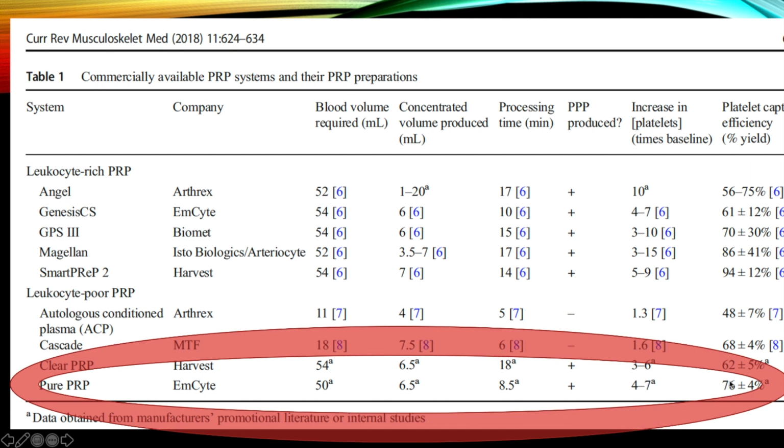So the higher the increase in platelets, the better, to a point. If you get really up to like 10 or 11 or 12, you're probably going a little too far with it, but you definitely want a clinical grade.